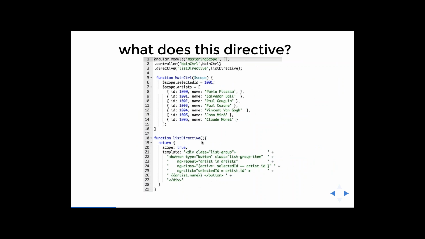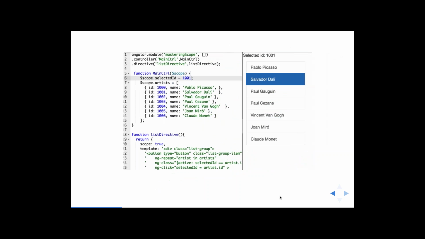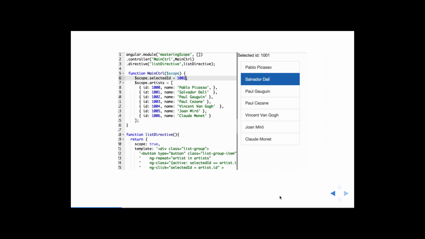And then in the list directive, we have an ngRepeat, and we apply some class if the artist ID is the same as the selected ID, and this changes on the selected ID. So I guess you can more or less think what this does, right? Here I have a GIF. When I change the selected ID, you can see what it's doing.